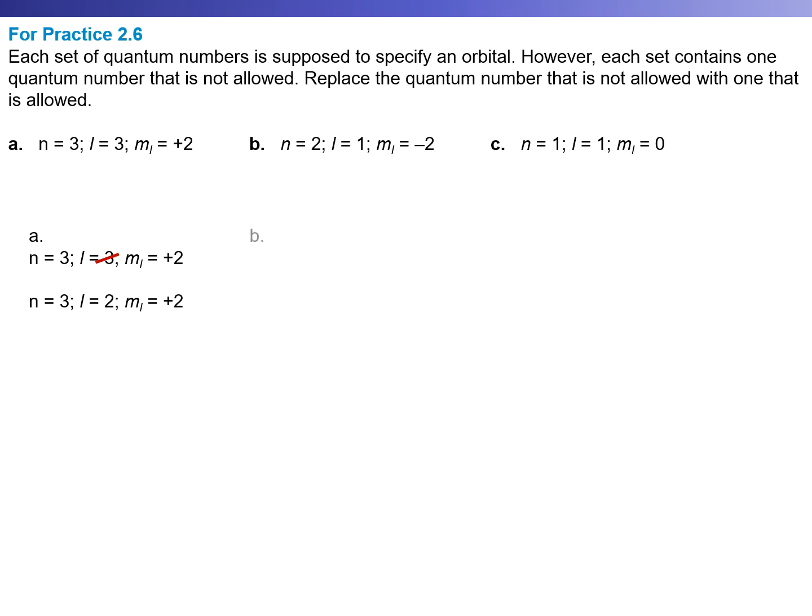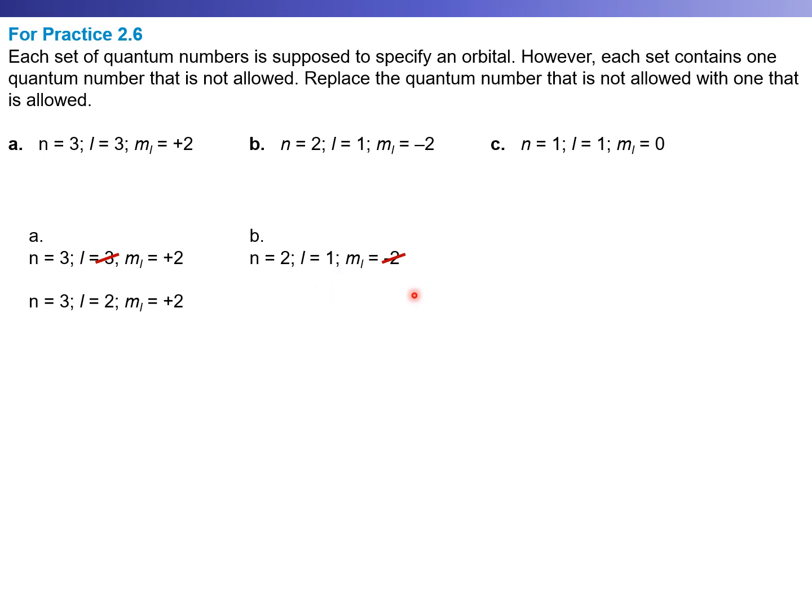What about set B? Our principal is 2, our angular momentum is 1, and our magnetic number is -2. So what do you see? Well, our principal is 2, which means our angular momentum has to be 1, so those two are correct. The problem is in our magnetic number, which really can't be beyond this, positive or negative.